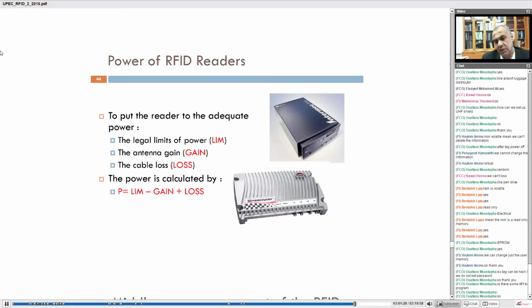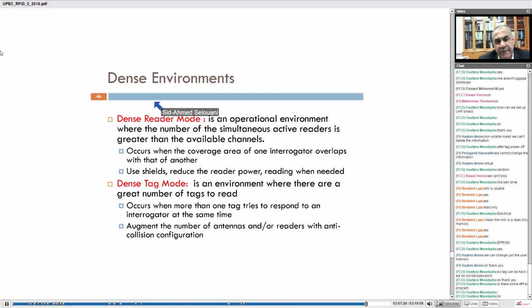So for the middleware, the low-level management covers the operating system, the failures, the alarms, and the power, to tune the power. For the high level, you read and write onto the tag and manage the collision of information. Just like Wi-Fi, where you have collision of packets, you can manage the anti-collision. And the data encryption, because you can encrypt your communications, exactly like Wi-Fi or other radio communications.